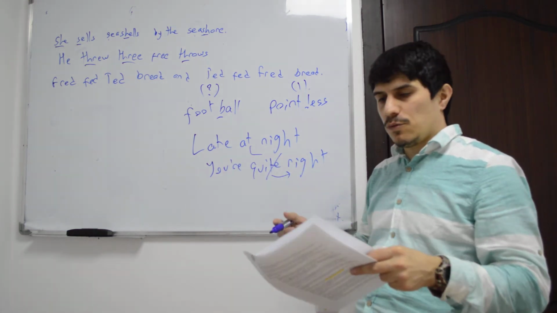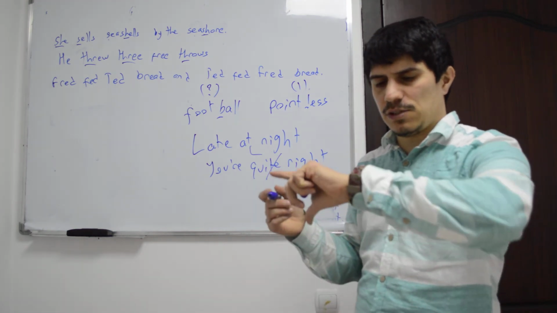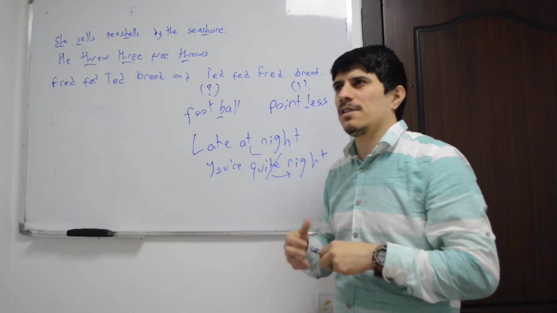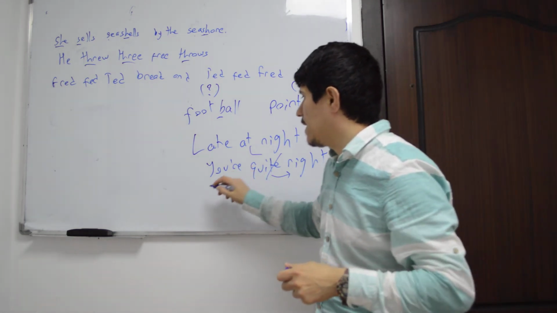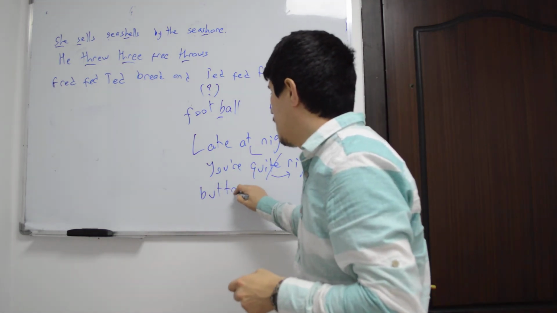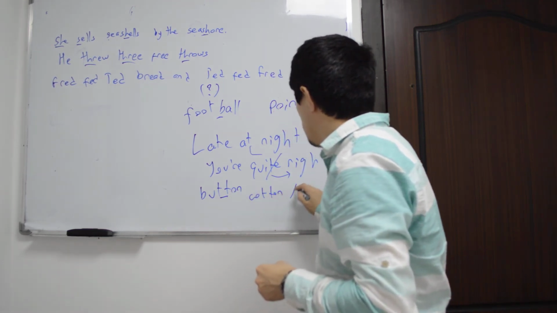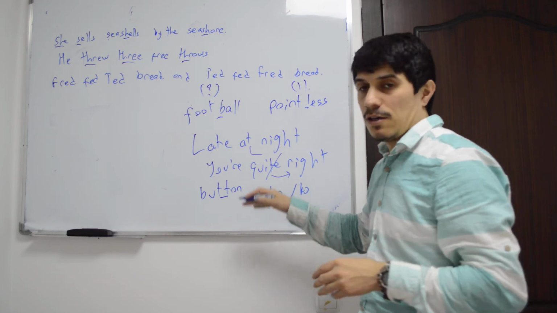Do you remember? Let me once more explain what glottal stop means. Glottal stop means, for example, button. In our last lesson we talked about button or cotton. So we say cut-n, not cotton.